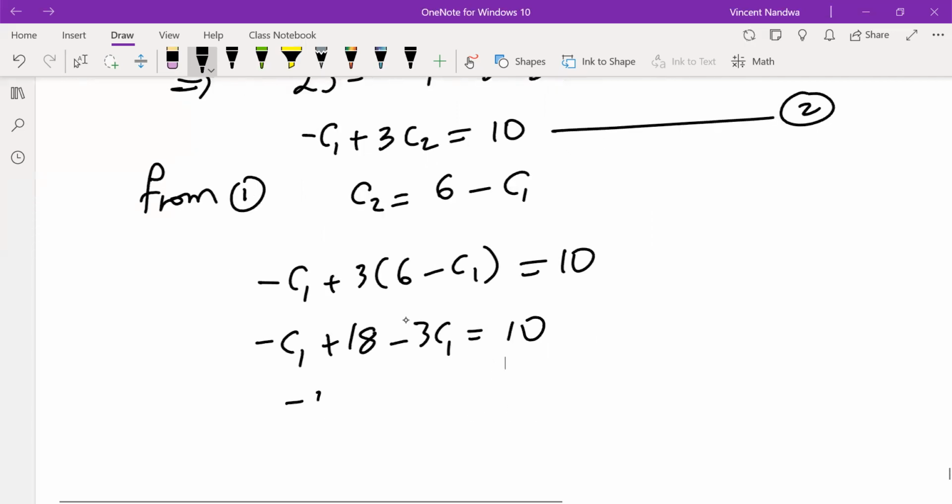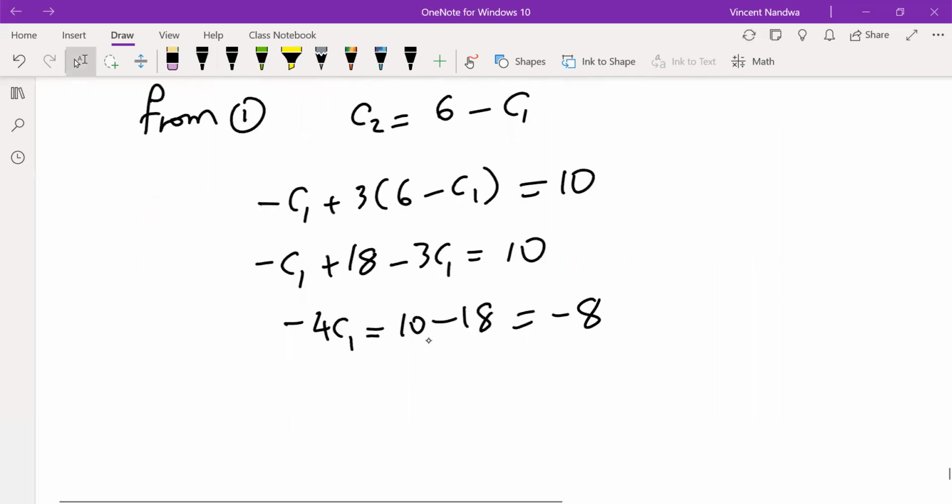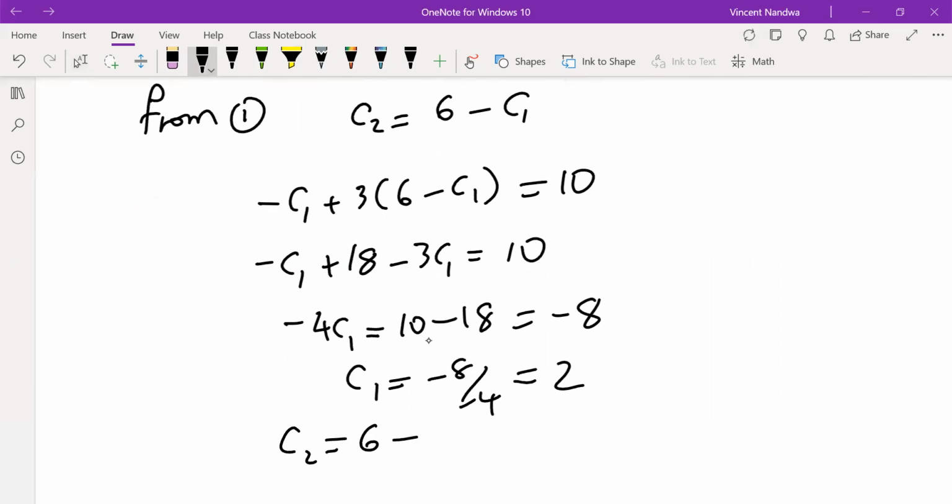So minus 4c1 equals 10 minus 18, which is minus 8. So c1 equals minus 8 over minus 4, which is 2. And then c2 will be 6 minus 2, which is 4.